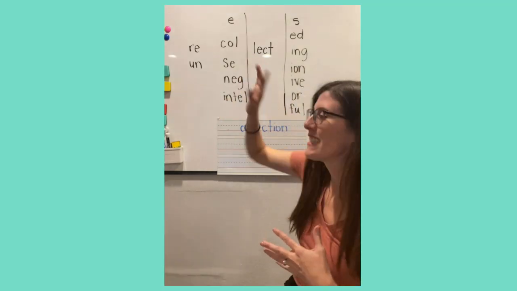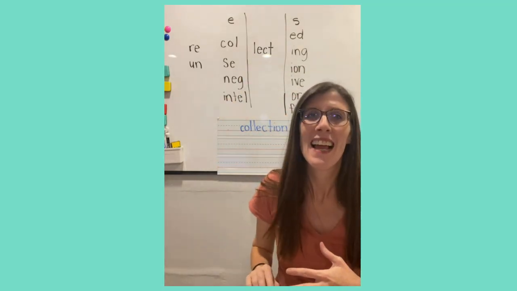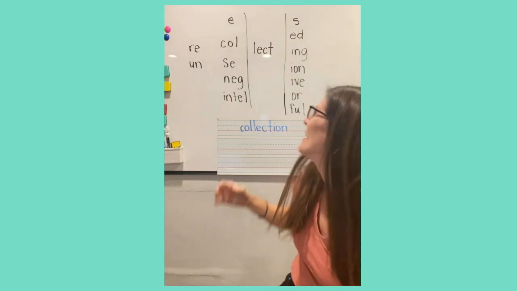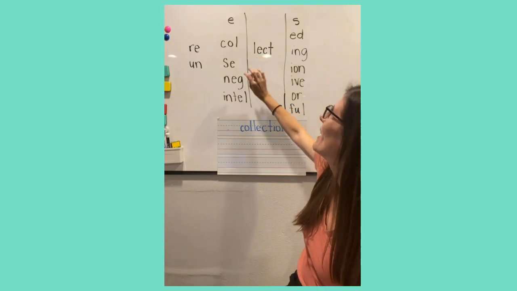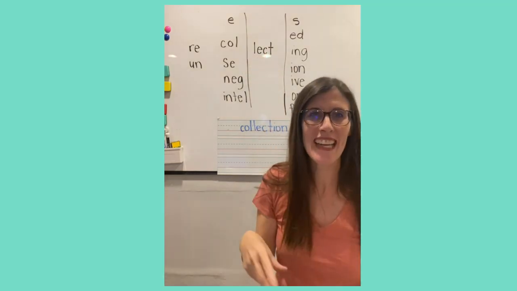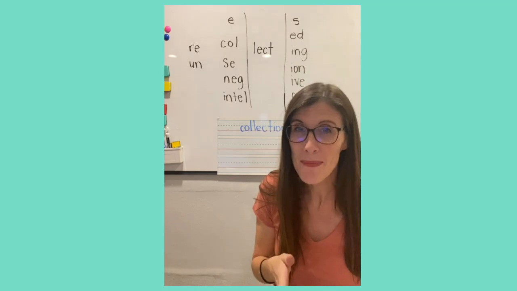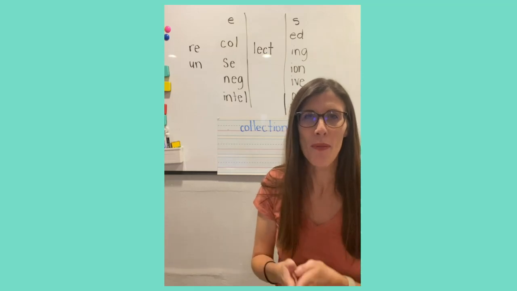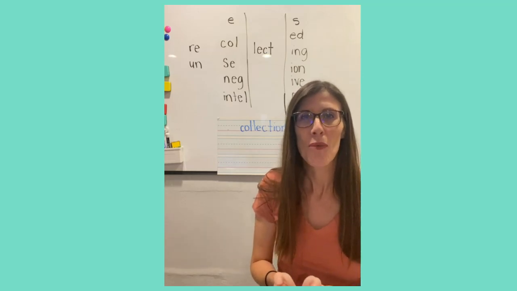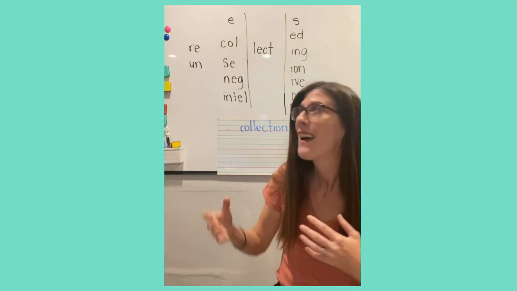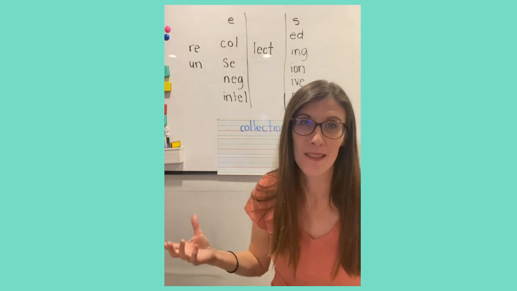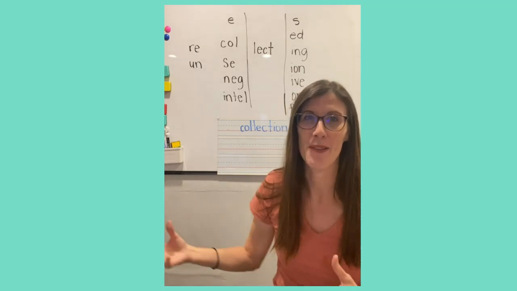And then lect is our bound base, and some people call it a root, I call it a bound base element. And the bound base element, lect, means to gather, choose, and in some cases to read, but usually gather, choose. So when we think about the word elect, we can think about choosing out of a group. That's basically what you're doing when you elect someone. You're choosing them out of other people.